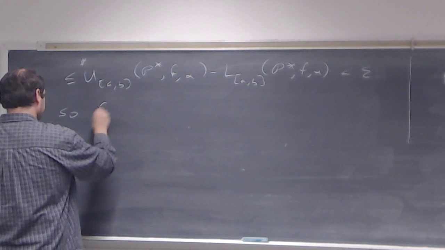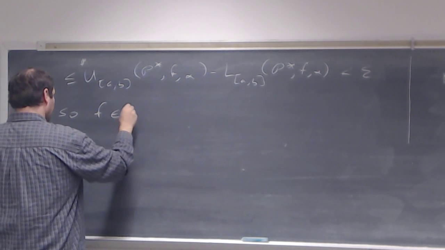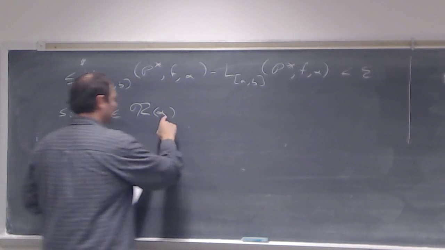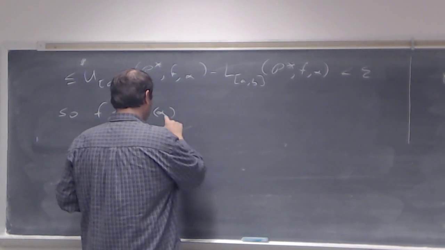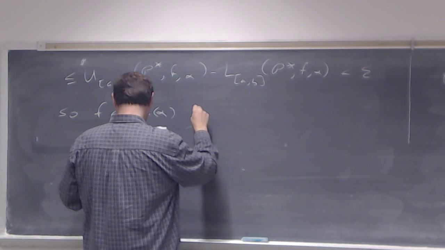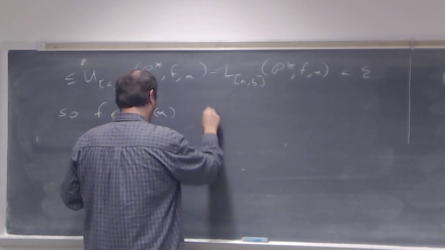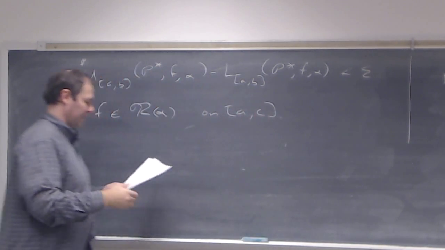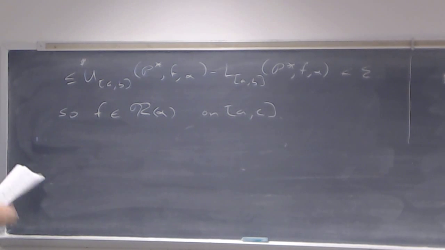And so by our theorem we're using over and over to show Riemann-Stieltjes integrability, we have that F is Riemann-Stieltjes integrable on A to C. All right, that's part of the theorem.